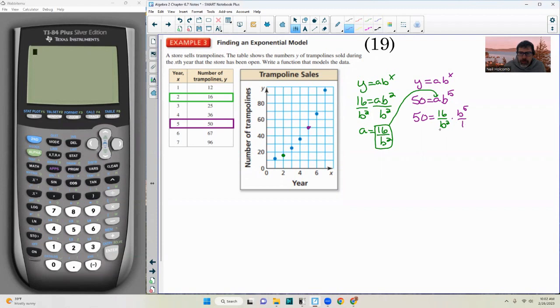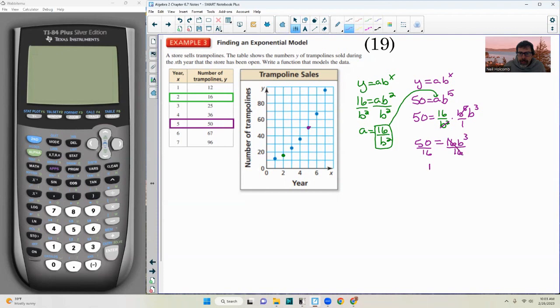I'm going to put that over 1 just so you can see what's happening. b to the 5th divided by b squared, you subtract your exponents, so you get rid of 2 of the b's and end up with b cubed. So 50 equals 16 b cubed. I almost forgot my 16, the 16 is still there.